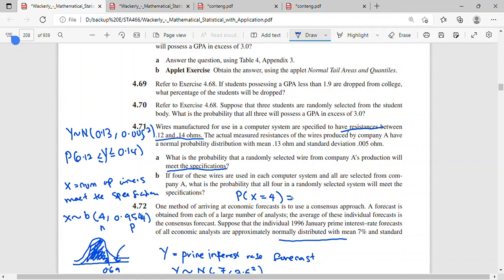Okay, so gunakan binomial distribution nak cari nilai probability of X equal to 4, which is 4C4, 0.9544 and 1 minus 0.9544 power 4 minus 4.